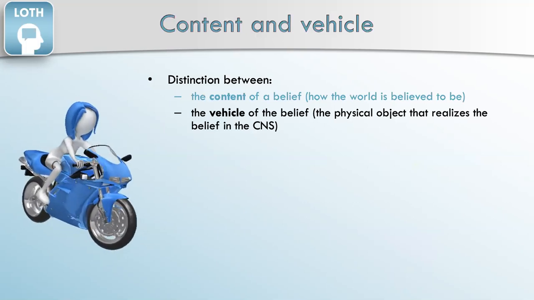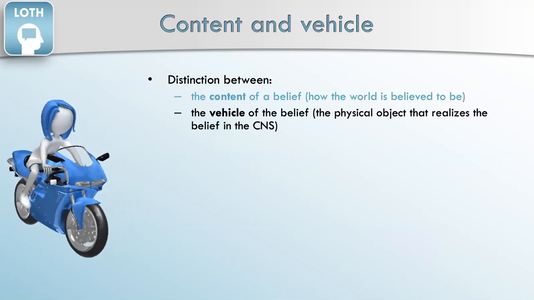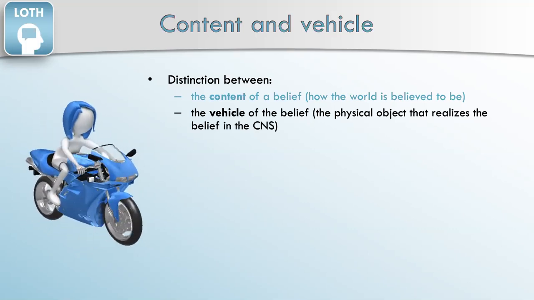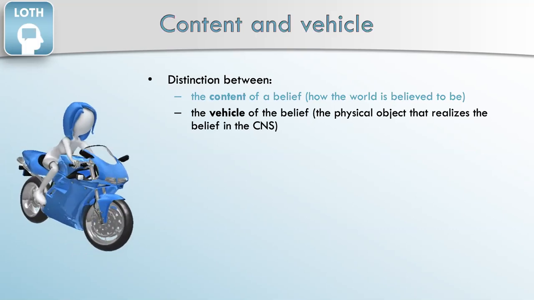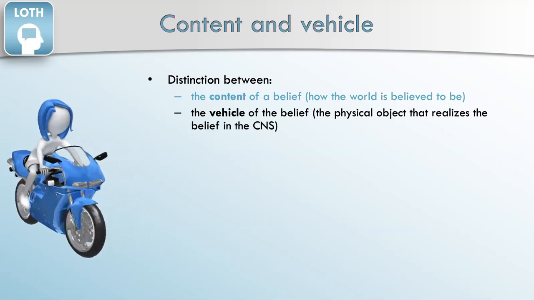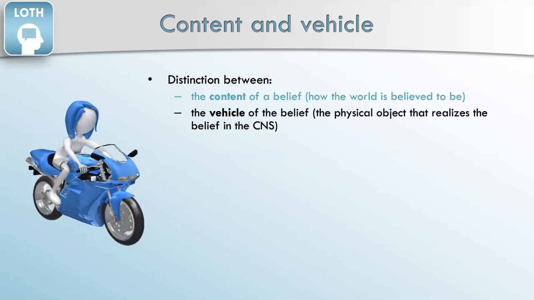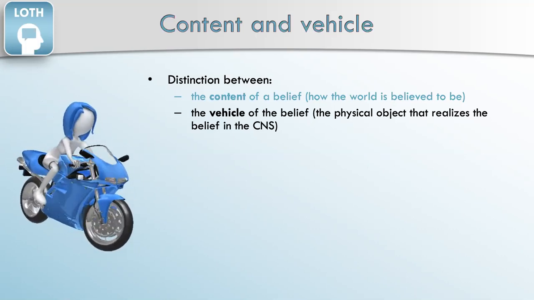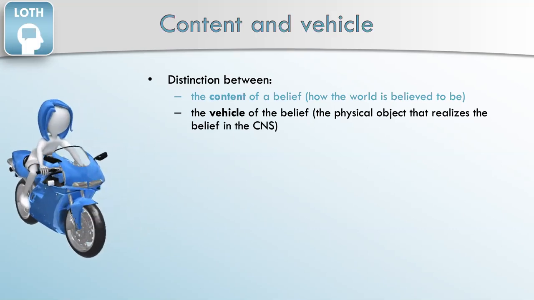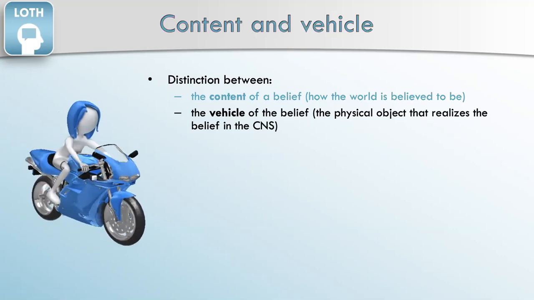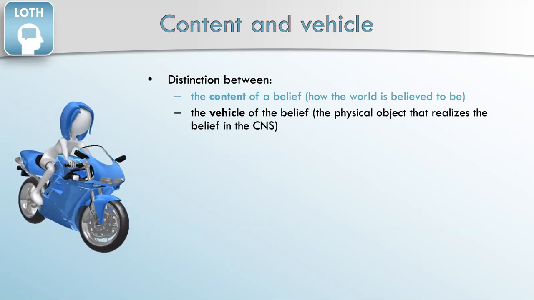So the distinction I mentioned earlier is this distinction between the content of a belief and its vehicle. The content is what you believe the world to be. So the beer in the desire to go get a beer, okay? That is the contents, that is what you represent.